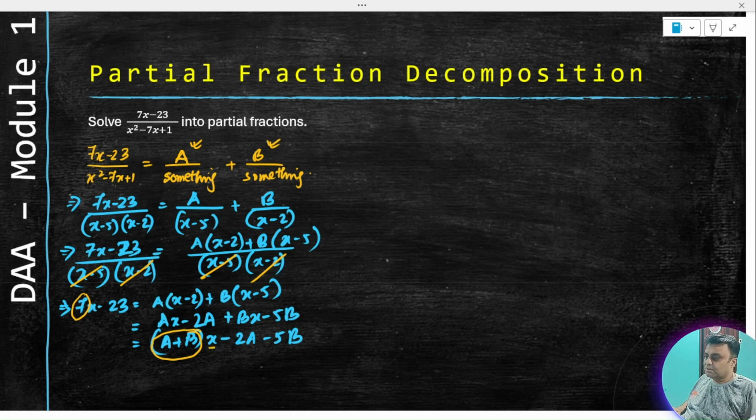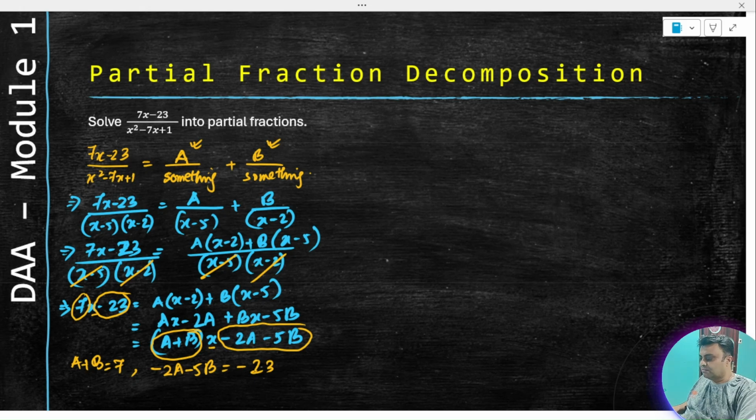We also have A plus B with x here. So I can write that A plus B is equal to 7, and I can also write that minus 2A minus 5B is equal to minus 23, on the same logic that this entire stuff will be equal to this entire stuff, right? So these two will be equal, which is why if I compare the coefficients, A plus B is equal to 7, and minus 2A minus 5B is equal to minus 23, right?